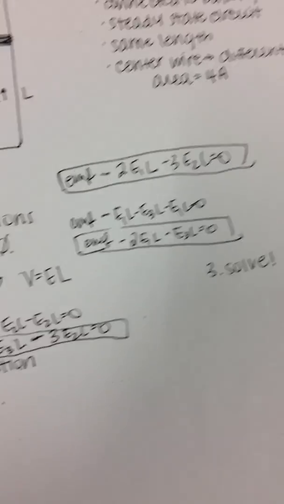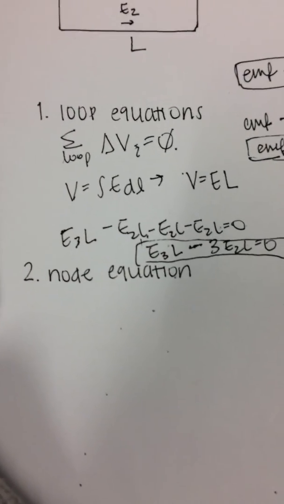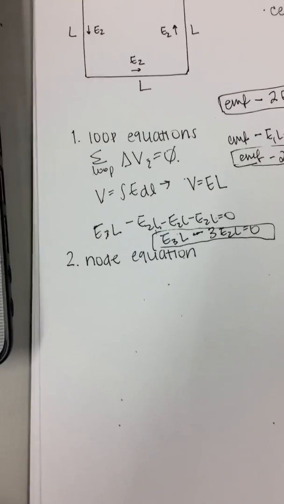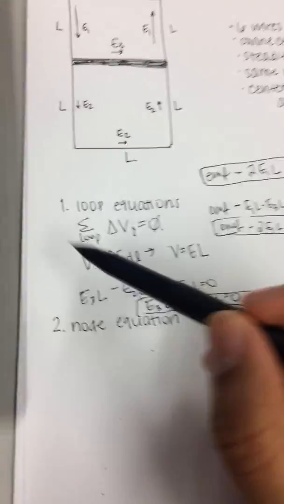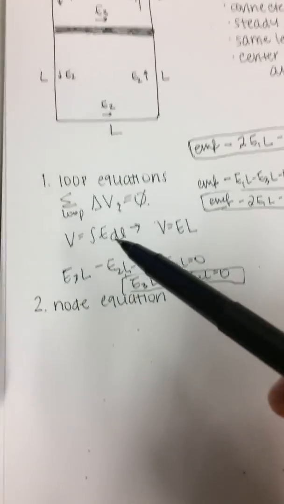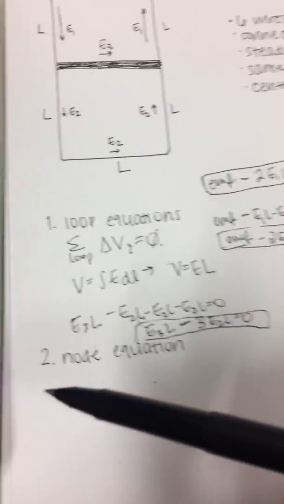Once you have all 3 of these, it asks you to find the node equations relating E1, E2, and E3. What we know about the node rule is that it's in steady state and the currents are constant and no charge accumulates in or on the wires or at the junctions. There could be a tiny bit of charge on the wire, but in steady state, that charge is not always increasing or decreasing.